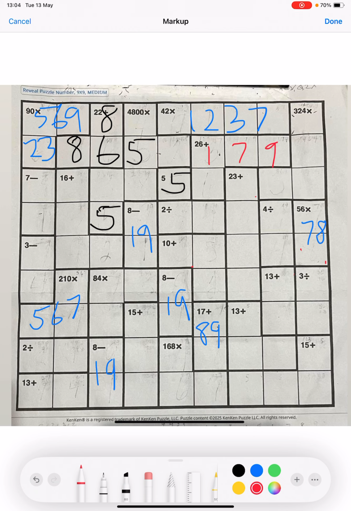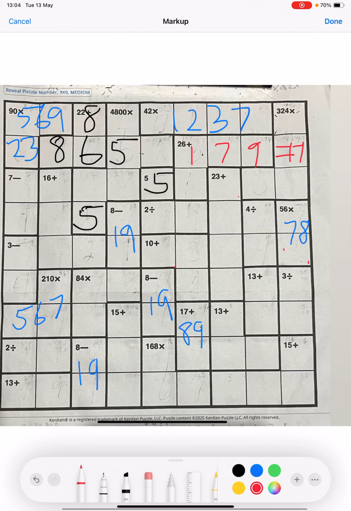The most I could have is 7 and 9 with it, because I've already got an 8 in the row. 1 plus 7 plus 9 is 17, which means I need a 9 there, but I've already got a 9 in that column. So I could not have a 1 in the 26 cage. So that means that my 1 must be here in this row.